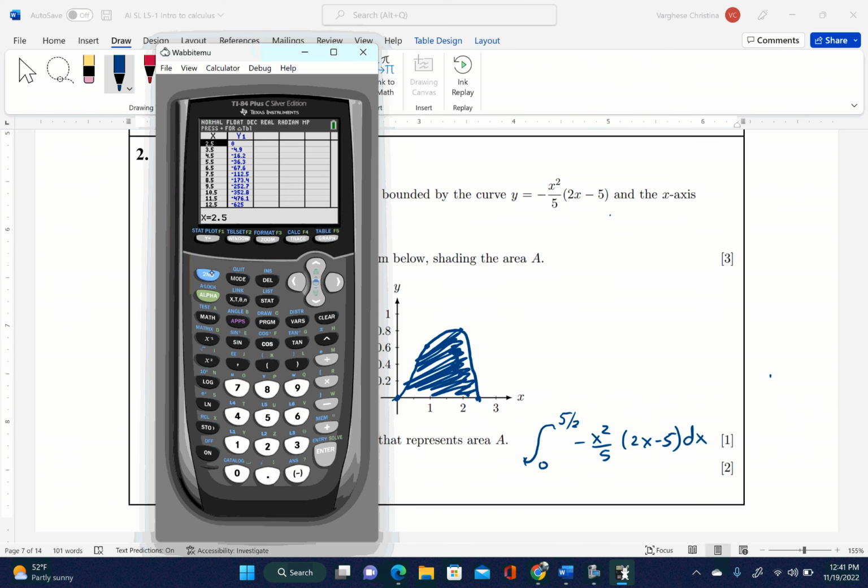Okay, so again, I go back over here. So I'm going to find integration, which is math, option number 9, put my 0, go up to the top, 5 halves. Okay, go here, and then I'm going to put my negative x squared.